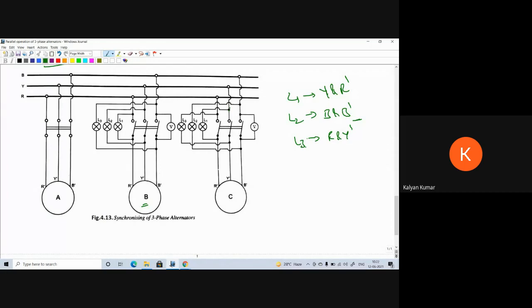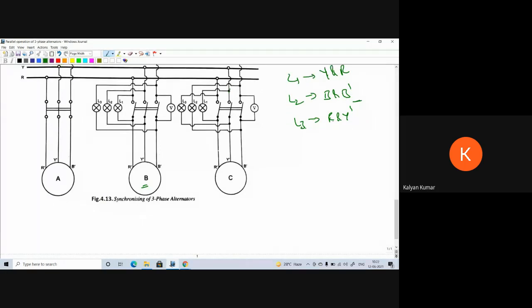Therefore, at the synchronization instant, L2 will be dark and L1 and L3 will be bright.